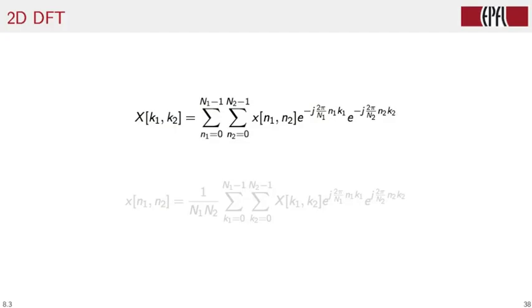the two-dimensional DFT. So let's consider a two-dimensional finite support signal of support big N1 times big N2.